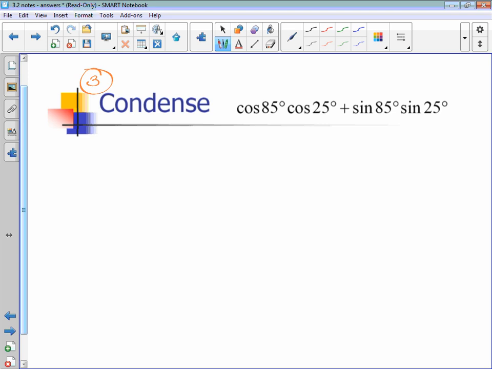What we're doing in this problem is you have to recognize which formula this is. So I've got cosine 85, cosine 25, plus sine 85, sine of 25.